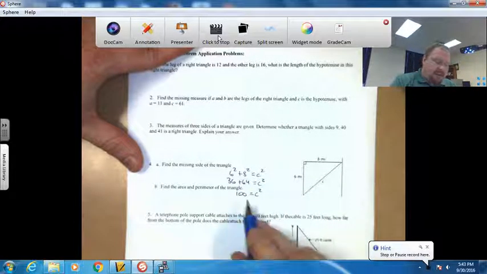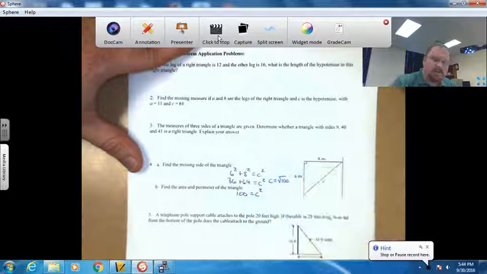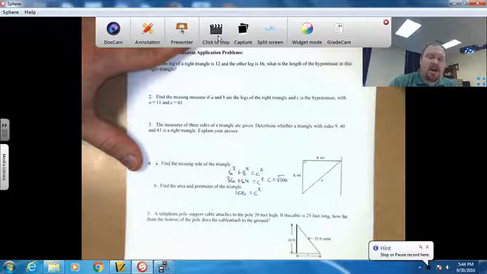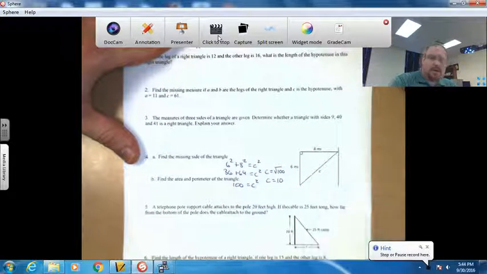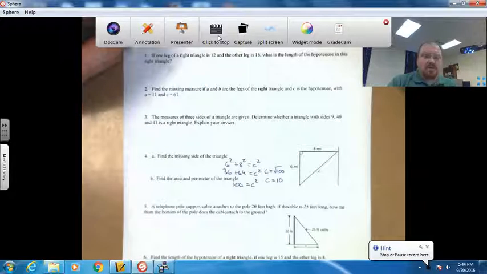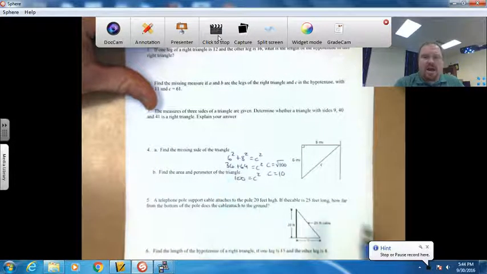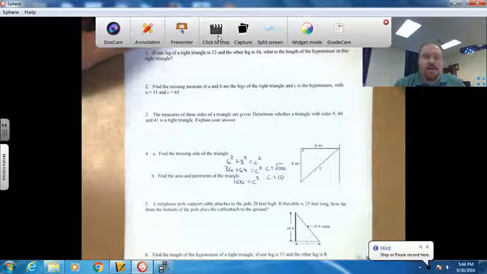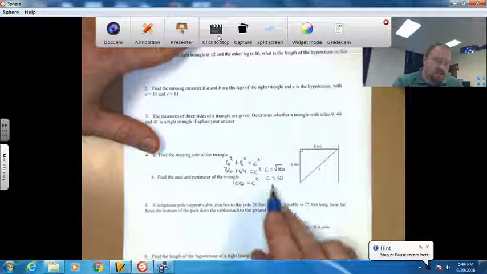And I know that C is the square root of 100. And the square root of 100, I know, is 10. Now, it's okay if you don't know those perfect squares, as we call them, off the top of your head. Over time, in practice, you will get to know them. So we know that C is 10.